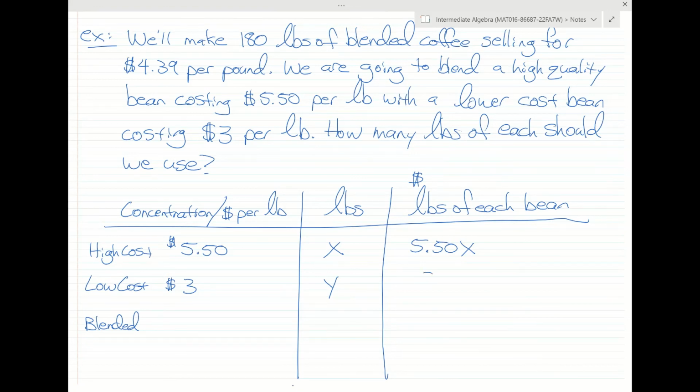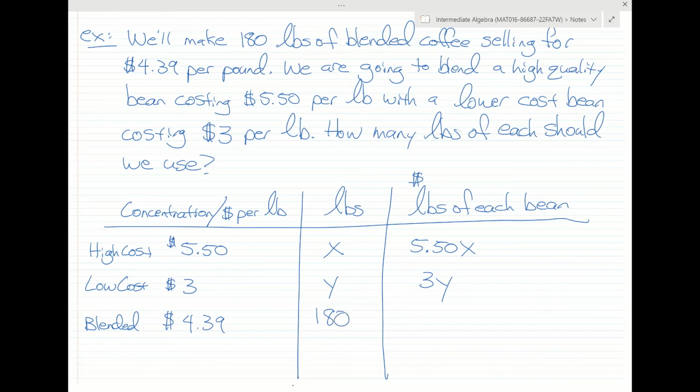This would just be 3Y. So if there's 5 pounds of the lower cost, 5 times 3 is $15, how much it costs for the lower cost one. We want to blend it for $4.39 per pound and get 180 pounds of that.